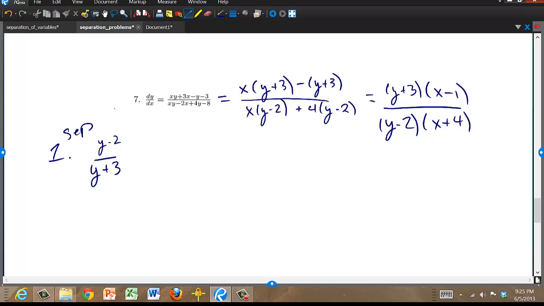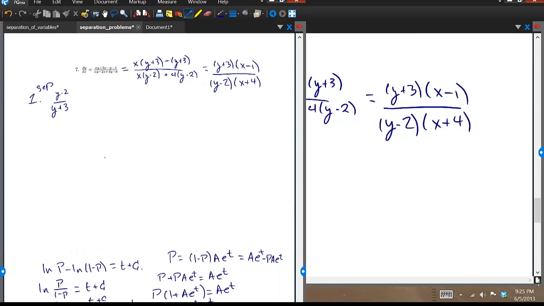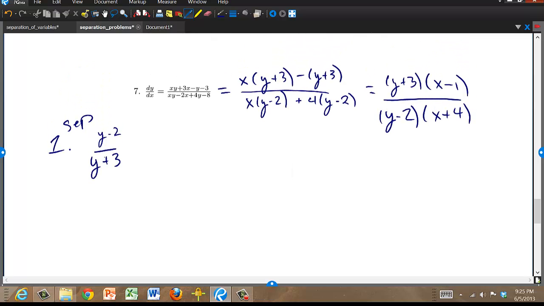And you have a possible trivial solution at what? When y plus 3 is equal to 0. Oh no. dy/dt, that's got to be equal to x minus 1 over x plus 4.